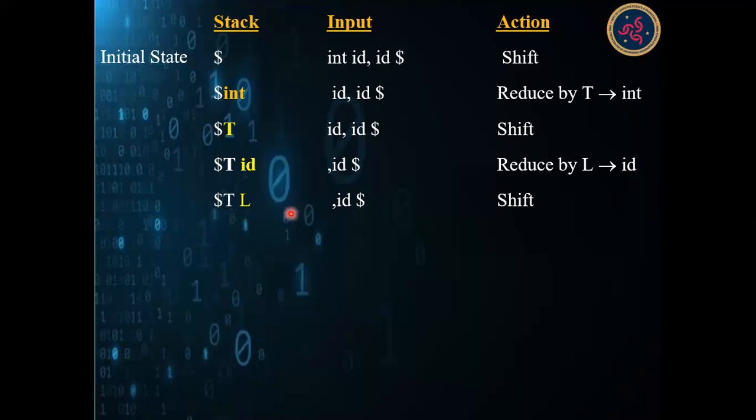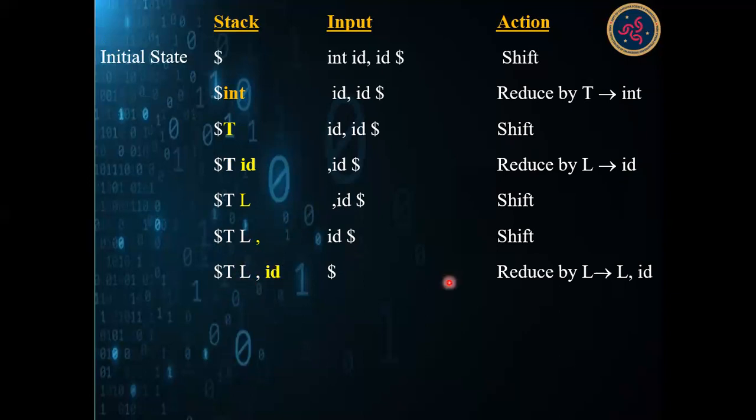Next we can have a shift operation, that is the comma is moved to the stack. So here the stack will be T L comma. Again there is a shift operation, that is id will be moved to the stack, so we have T L comma id. Now we have a production, that is L gives L comma id.